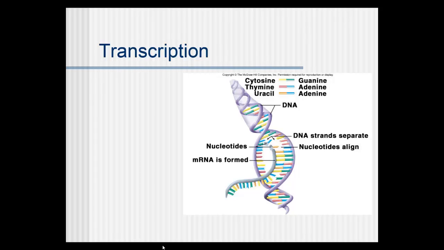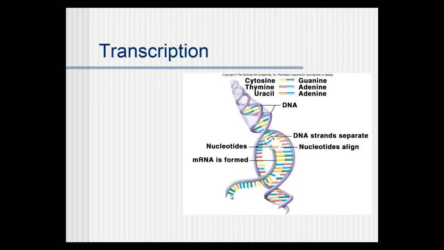So if we look at messenger RNA, this is shown here. It looks just like a DNA molecule. It has the sugar phosphate backbone here, which would be the gray along the side, and then it has different nitrogen bases along the middle. Except the nitrogen bases in messenger RNA are, again, cytosine, guanine, adenine, but instead of thymine, there's uracil.